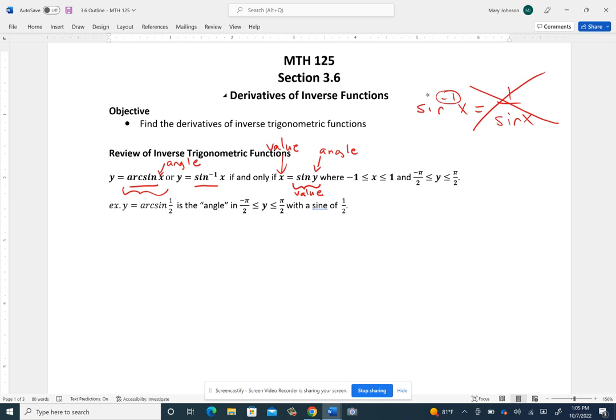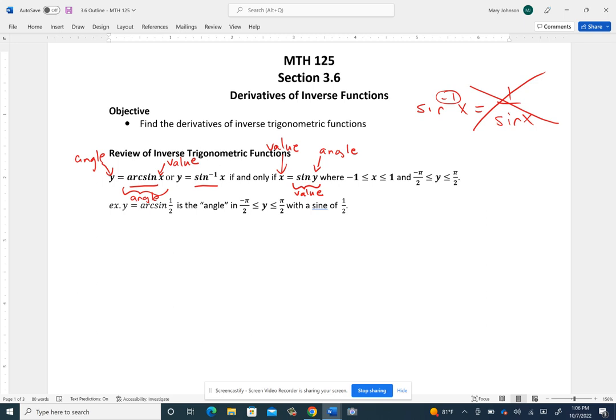oh wait, I just said that backwards. Sorry. The input to arc sine is a value, and then the output from it would be the angle. Okay. So your answer to an arc sine question like find arc sine of 1/2 would turn out to be some angle.